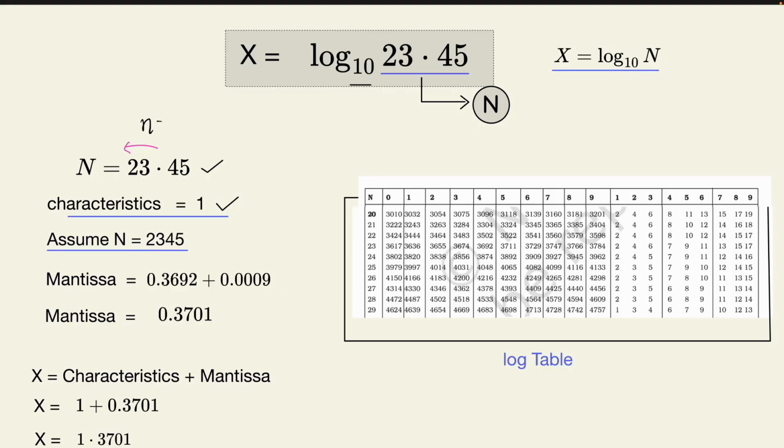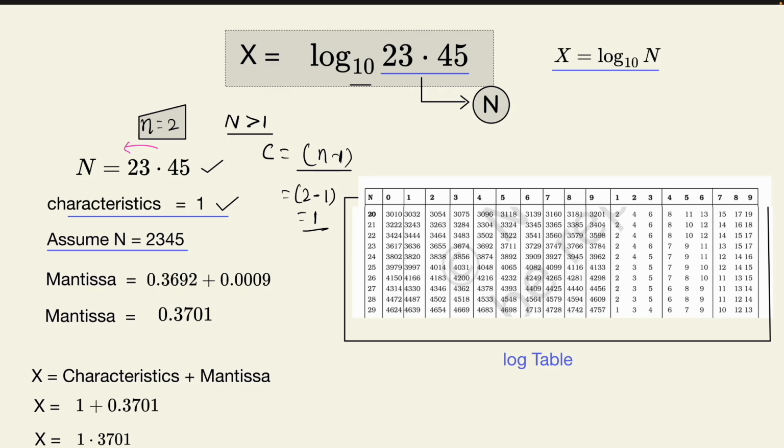So small n is equal to 2. And this n value is greater than 1. So to find the characteristic, we can use the n minus 1 relation, and here n is 2, 2 minus 1 is equal to 1. So based on that, we find the characteristic.